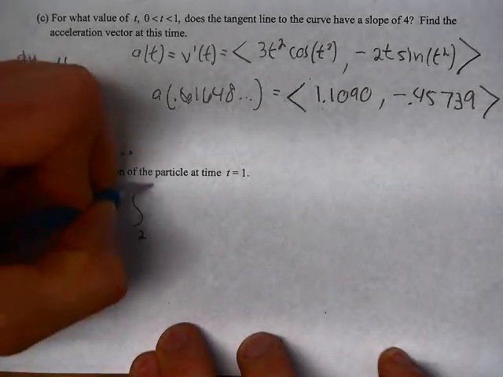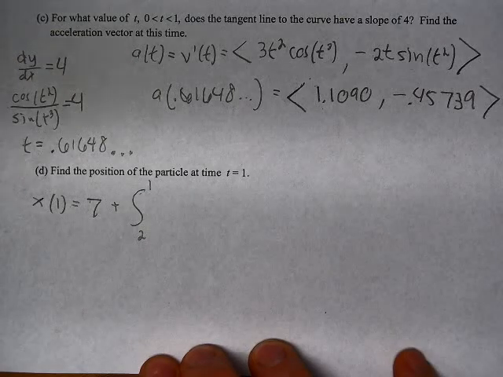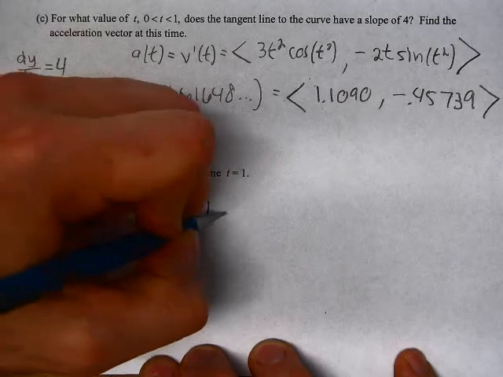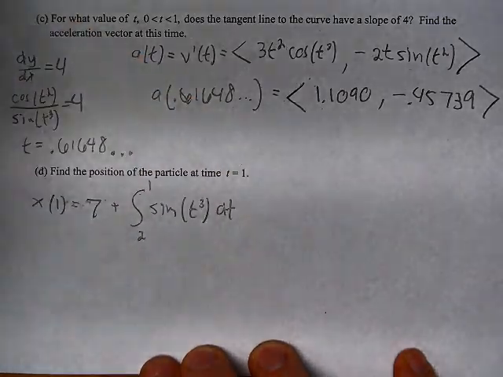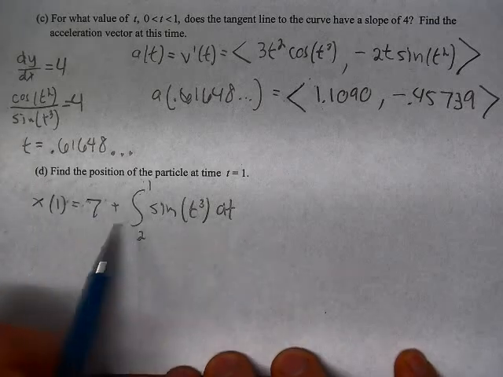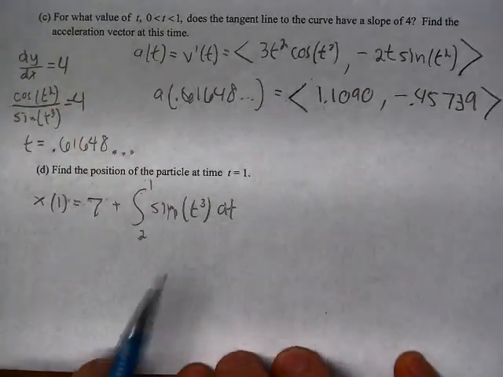So we're going to integrate from 2 to 1. This is going to be the change in the position in the horizontal direction between t equals 2 and t equals 1.